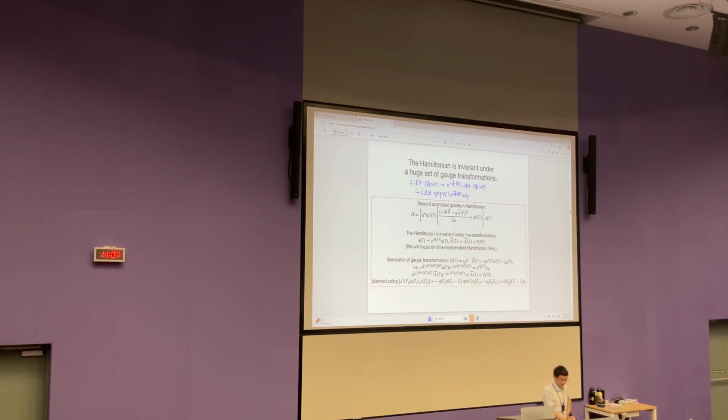Importantly, this derivative acts on both the phase factor and also a. So when it acts on this part, it will pick up a term that will precisely cancel this one, right? So these two effects will cancel.